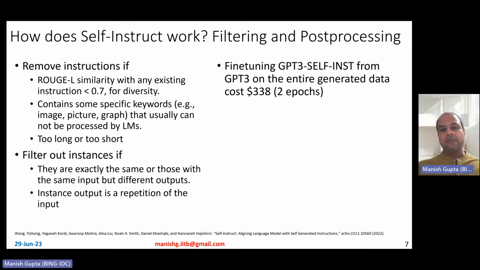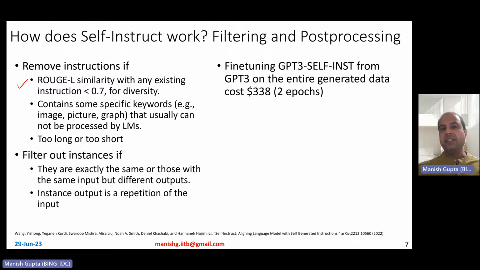So overall, after you've done these three steps of task instruction generation, classification or not classification, and figuring out input and output, you next have to do filtering and post-processing so as to eliminate instructions which are not good, tasks which are not good, and also instances which are not good. You can remove instructions if the ROUGE similarity with any existing instruction is less than 0.7.